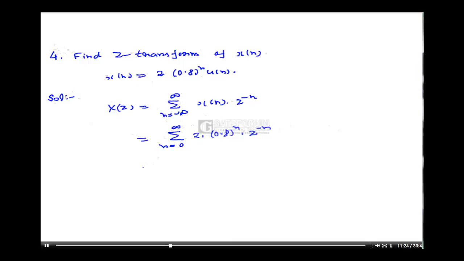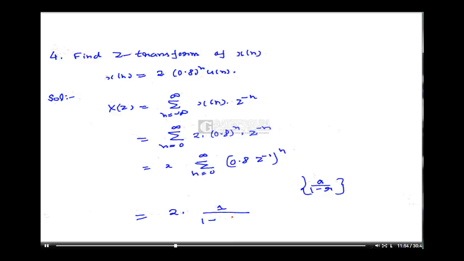Okay, I can take the summation as 0 to infinity of (0.8 z^-1) to the power n. Now this is a geometric series. The sum of an infinite geometric series with common ratio less than 1 is a upon 1 minus r, where a is the first term, r is the common ratio. For this also it will be a is 1, so 1 upon 1 minus 0.8 z inverse. So this is the final Z transform of the signal x. Okay, simple.